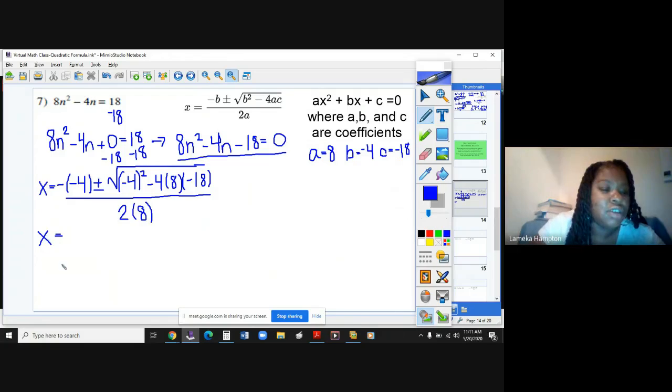All right. So two negatives make a what again? A positive. So my -4 is now going to turn into a +4. Okay. That's going to be plus or minus... Negative 4 times negative 4 is what?